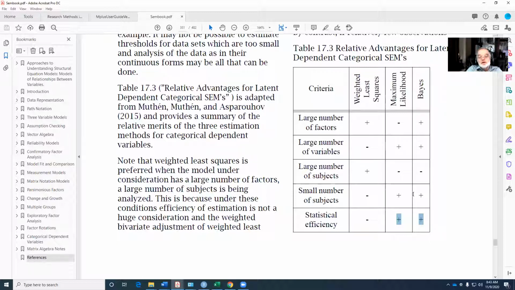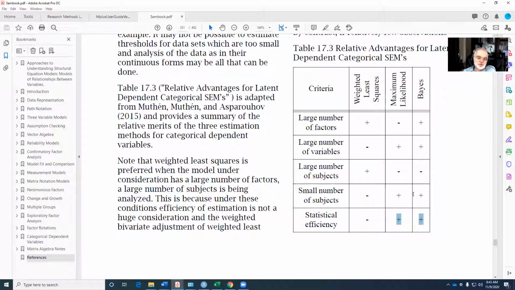I would say if you've got, just making up a number, 300, 300 to 500 people, 300 would be small, I would think. It kind of depends on how many variables you have too, but the reason that maximum likelihood and Bayes are preferable is they're going to go through and do the estimation based on properties of each individual record.